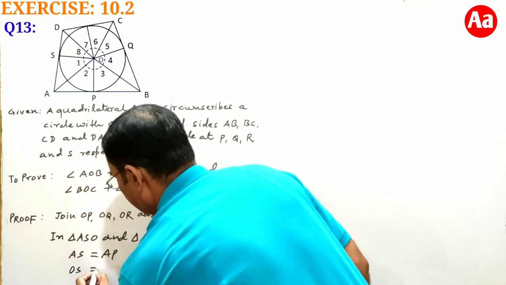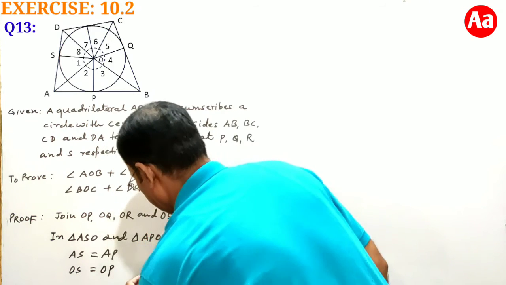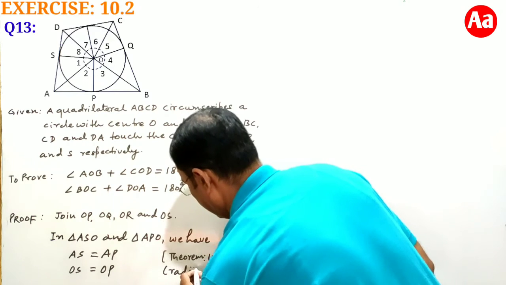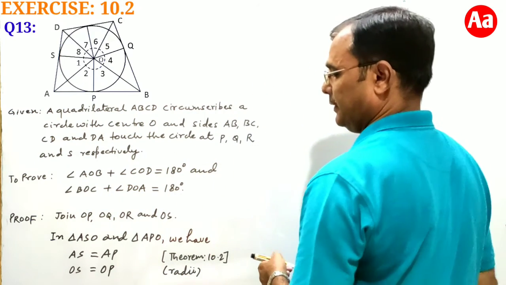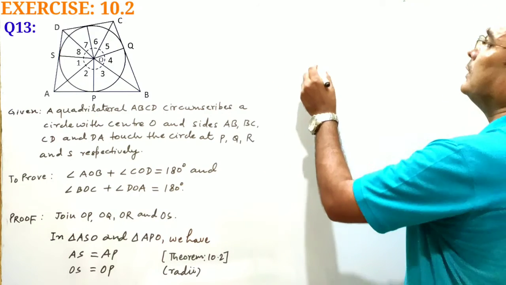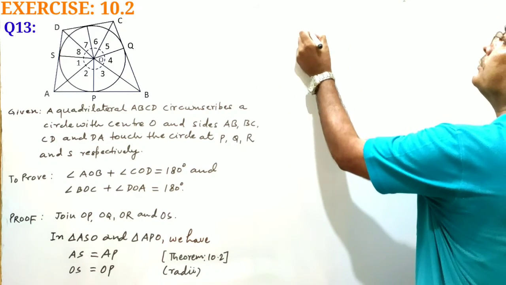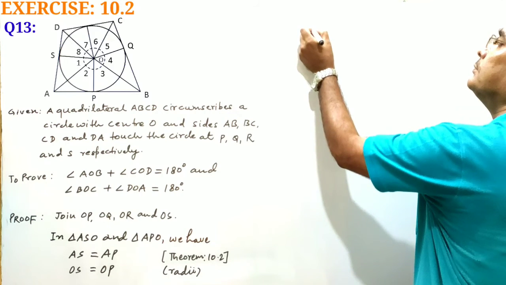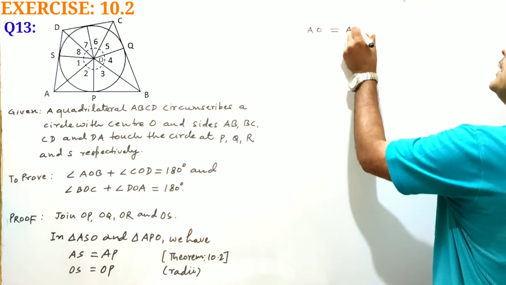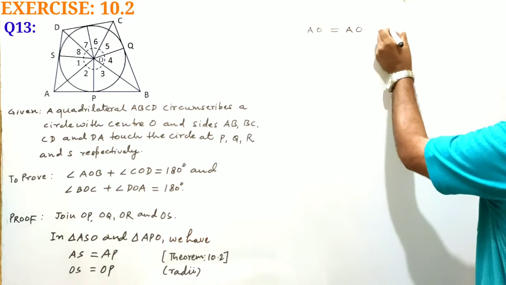OS is equal to OP, radii of the same circle. AO is equal to AO, common side.